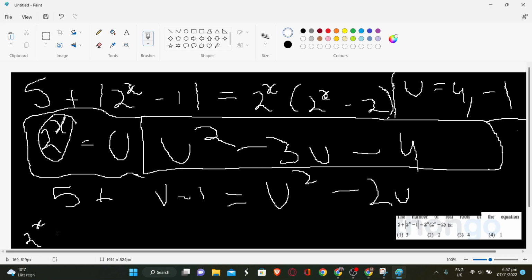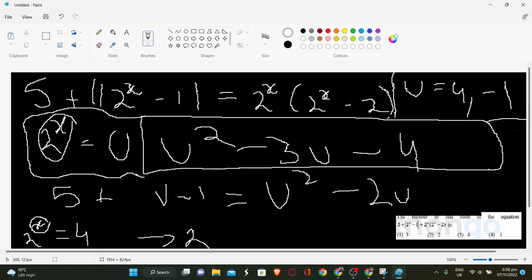Now the thing is, we have 2 to the power x is equal to 4, and this x here is equal to 2. 2 is positive, it is a real number, and most importantly, it fits our condition, because 2 to the power 2 is 4, and 4 minus 1 is 3.